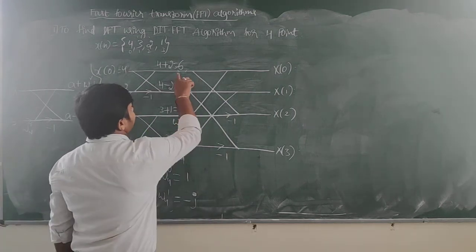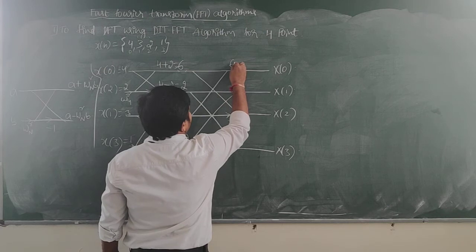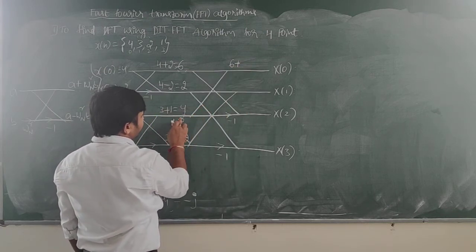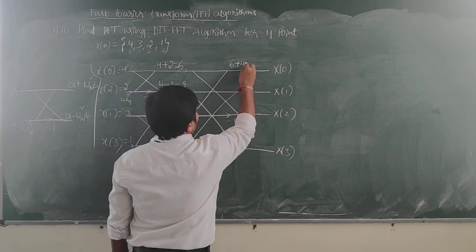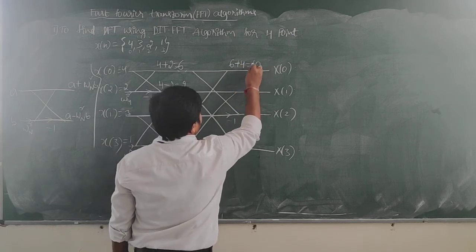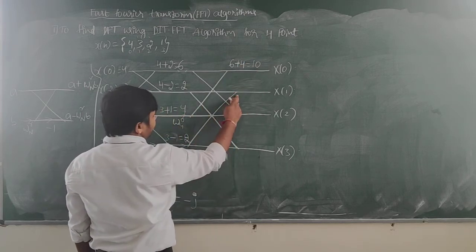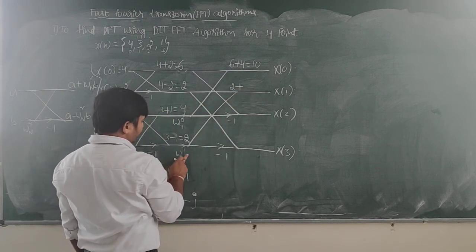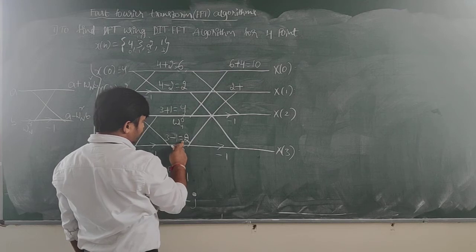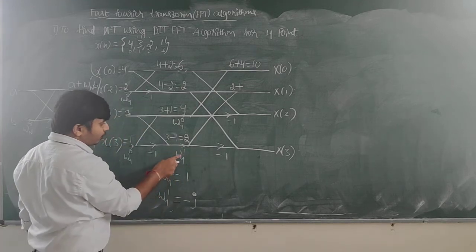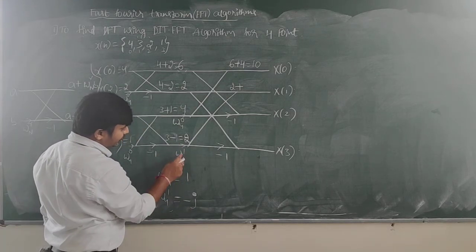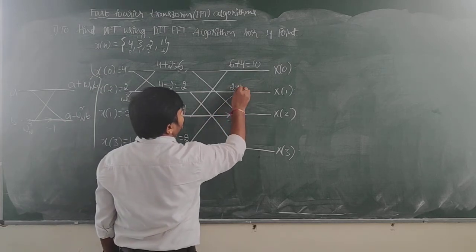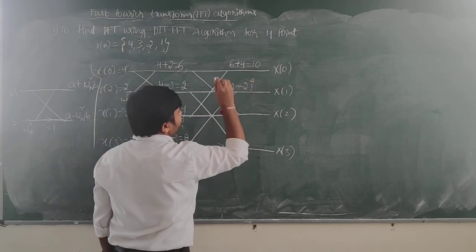Okay, so here 6 plus, so here W4 power 0 into 4, that is 1 into 4, 4, 6 plus 4 is 10. Okay, so here 2 is coming, 2 plus W4 power 1 into 2. Okay, so W4 power 1 is minus j into 2 minus 2j. Okay, so therefore this is equal to 2 minus 2j.